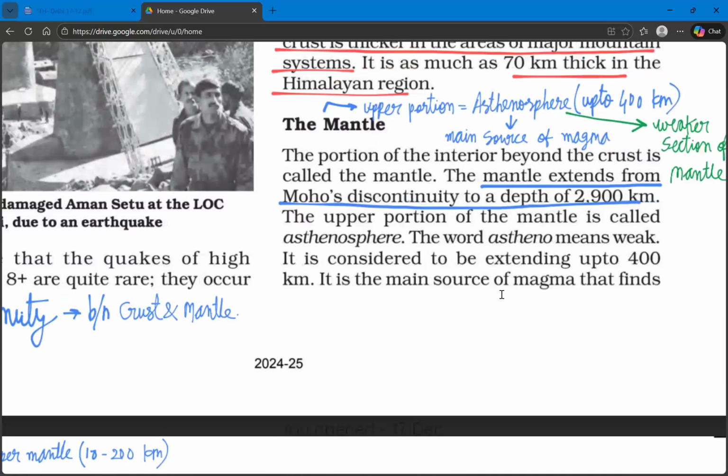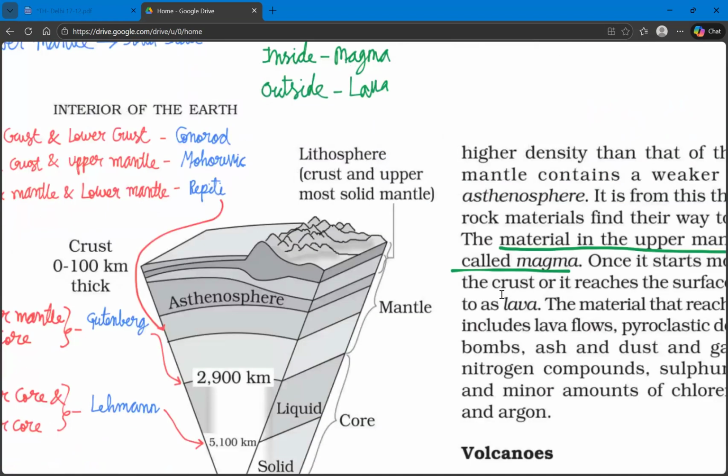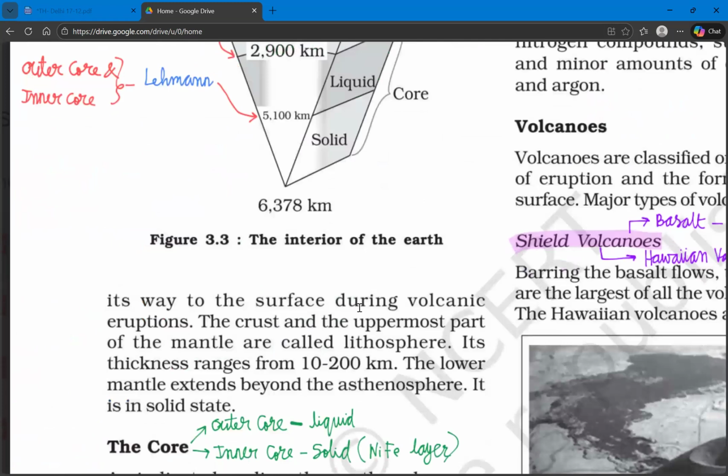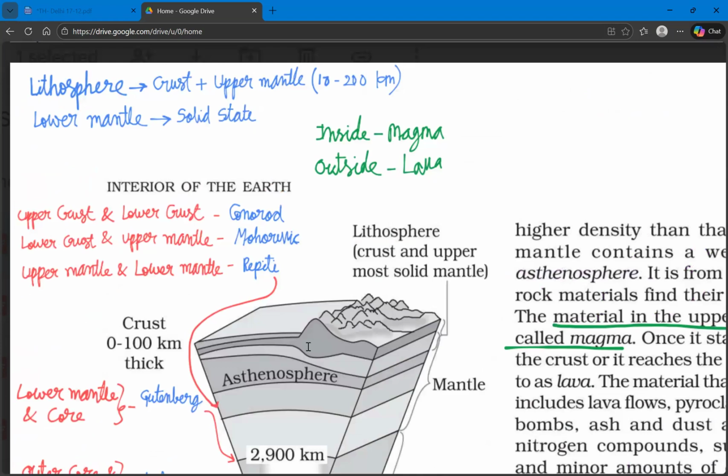The upper portion of the mantle is called asthenosphere, which extends up to 400 kilometers. And asthenosphere is the main source of magma. It is also the weaker section of mantle. And then comes the lower section. The lower section is basically in solid state, whereas the asthenosphere is in semi-solid state. The crust and uppermost part of the mantle are called lithosphere. Its thickness ranges from 10 to 200 kilometers. So here, if you see, this is the crust and this is the asthenosphere. So here we have Moho's discontinuity, that is the boundary between crust and upper mantle.